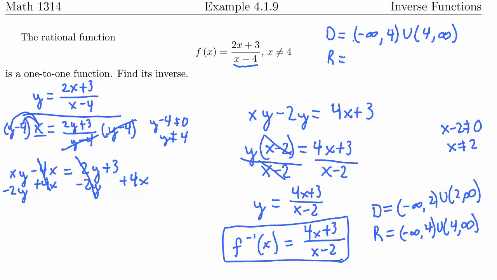So if the domain was this, it became the range for the inverse function. And the reverse argument holds true as well. If this is the domain for the inverse function, that had to be the range for the original function. So the range for the original function has to be negative infinity to 2 union 2 to infinity.